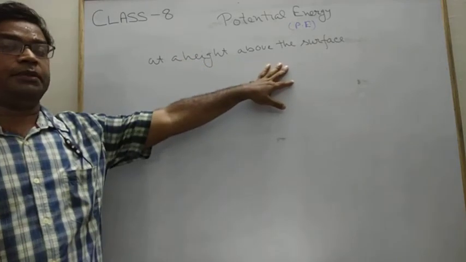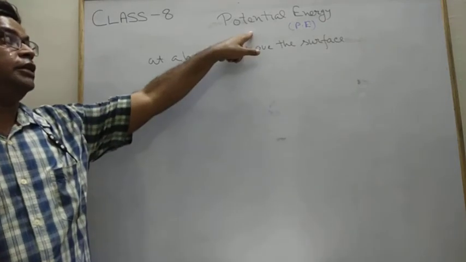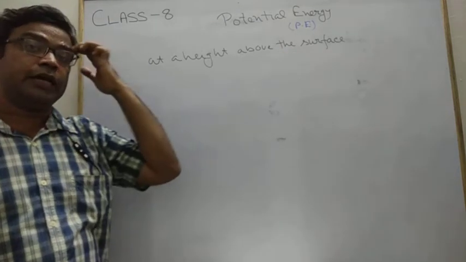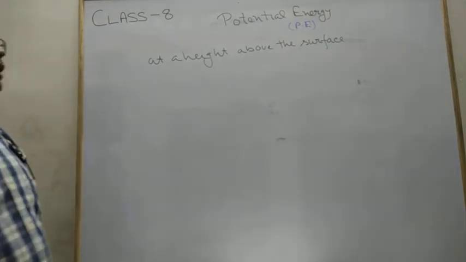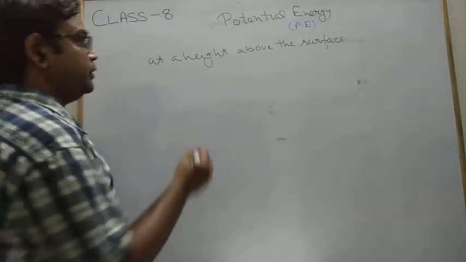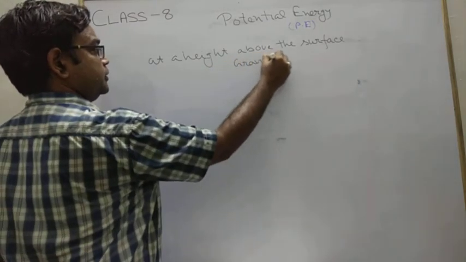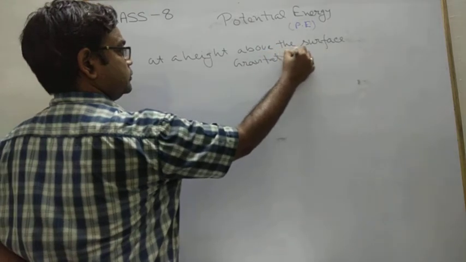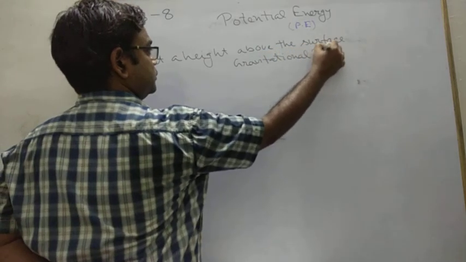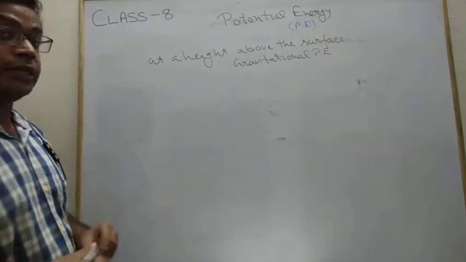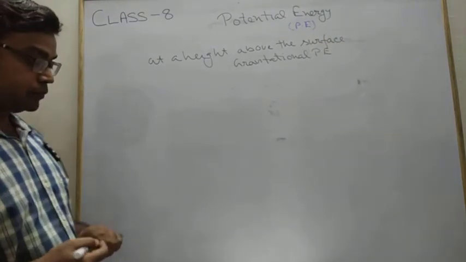I am not having the complete definition written here, but the potential energy possessed by a body at a height above the surface is known as gravitational potential energy.